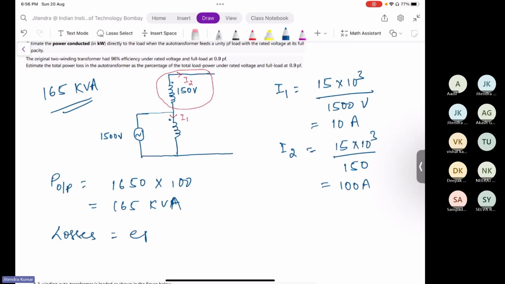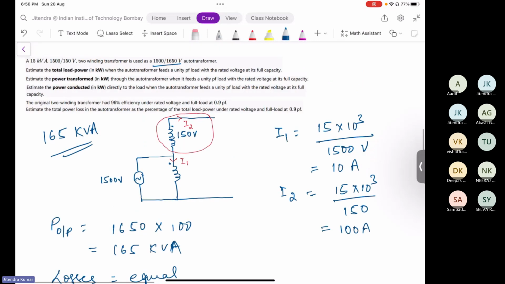Losses must be equal for both, because in this winding also the same current is flowing, in this winding also the same current is flowing, and there are two windings only, and losses will occur in the winding resistances. And whatever the core loss, core is the same, right?